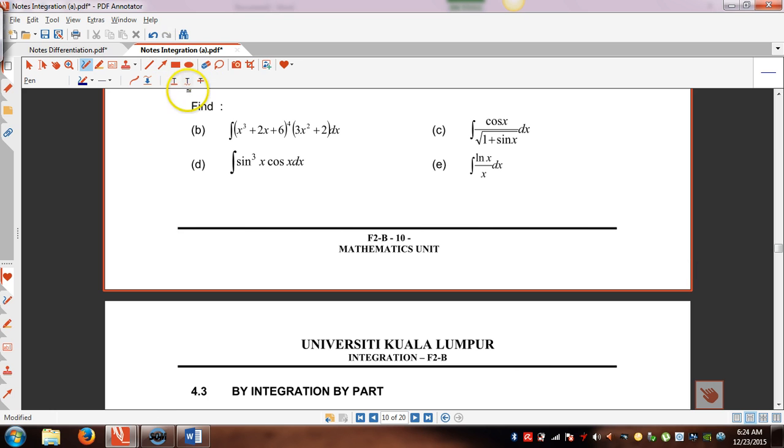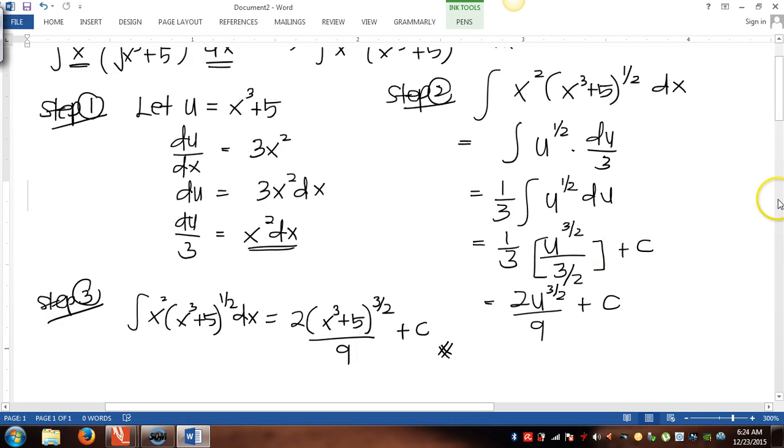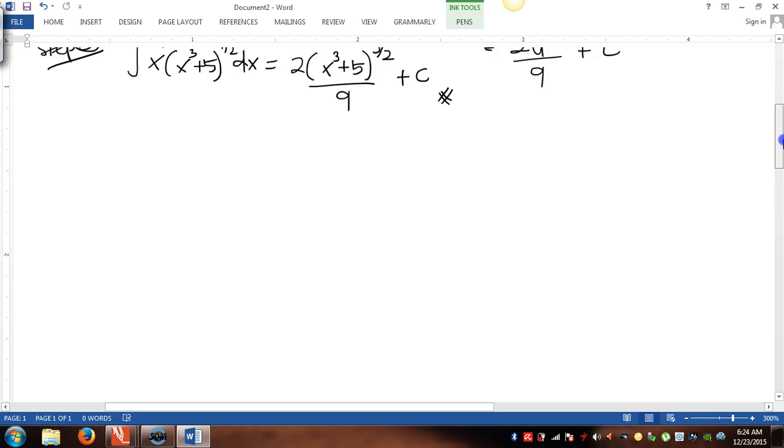Okay, so for another example, we look at the exercise, question C. Question C, we have the integral of cos x over the square root of 1 plus sin x, dx. So we look at the sketch paper.